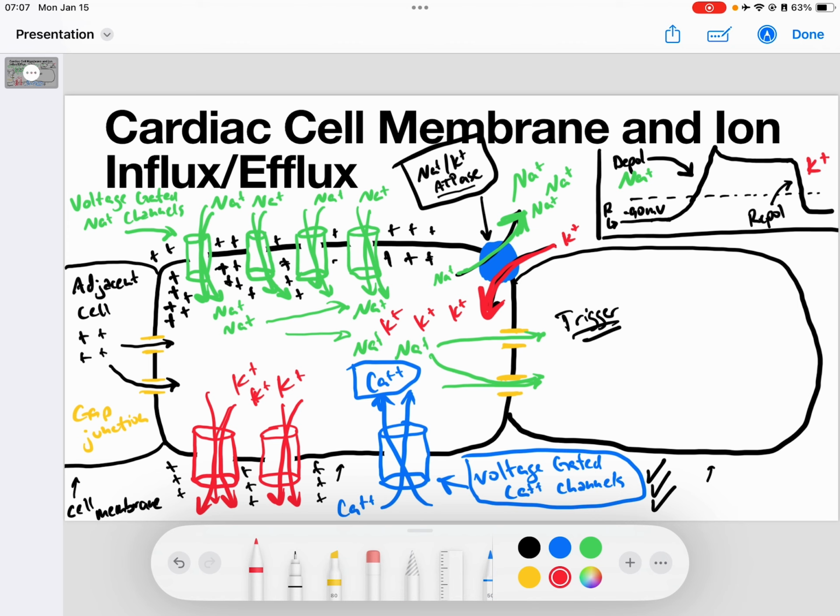And so as I talk you through our antiarrhythmics, I want you to think about this concept. I also want you to think about if we block these voltage-gated sodium channels, we're going to be decreasing the speed of our action potential.